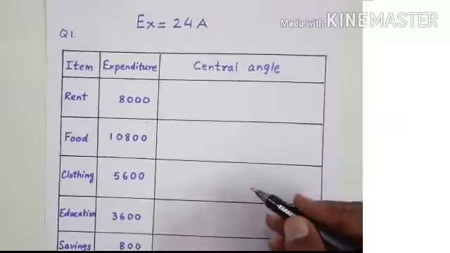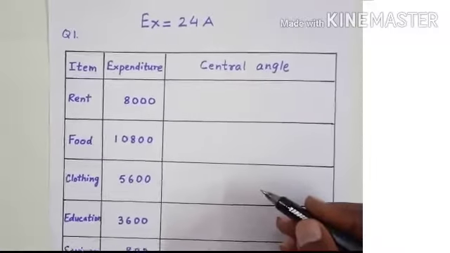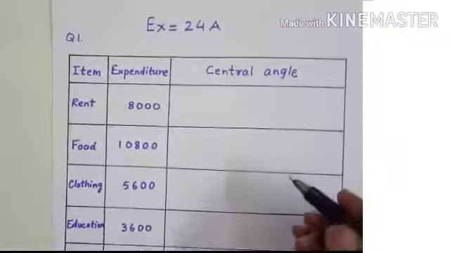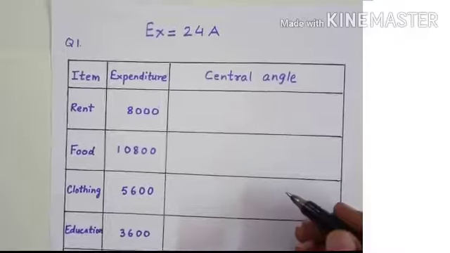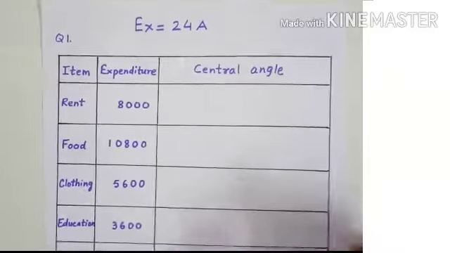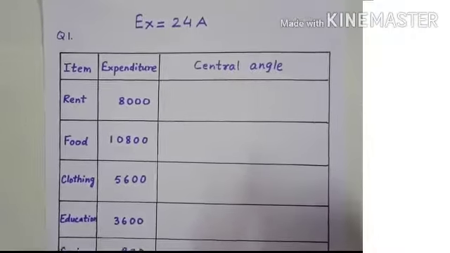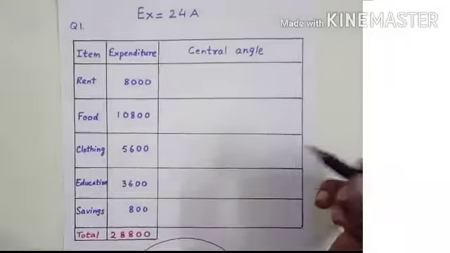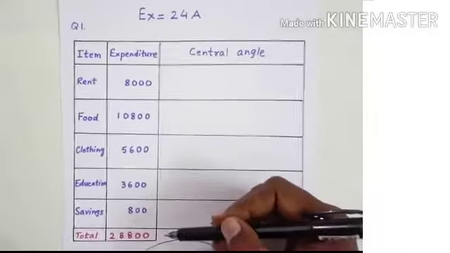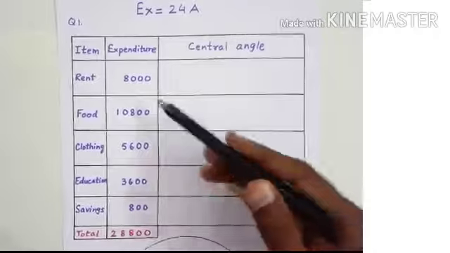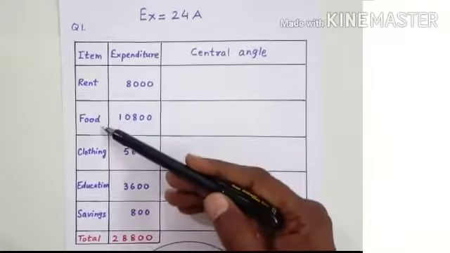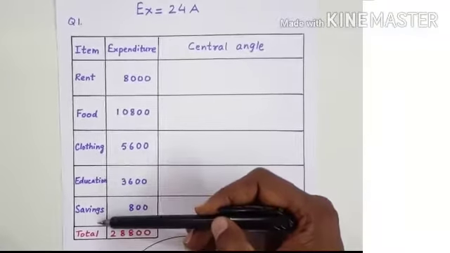See, in question number one, the monthly expenditure of a family is given as rupees 28,800. Expenditure on various items is given.